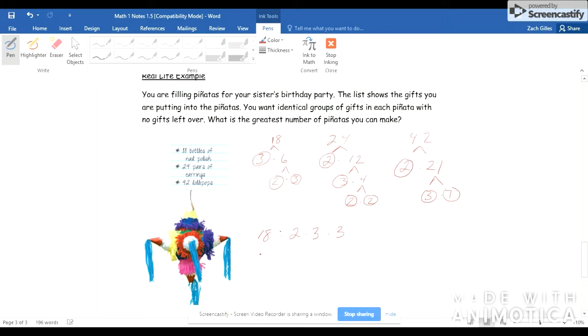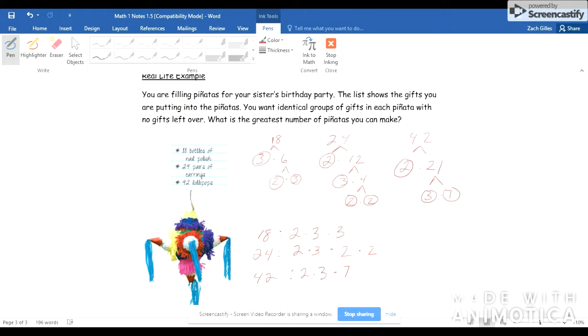My prime factorization for 24 is 2 times, a little messy here, 3 times 2 times 2. And my prime factorization of 42 was 2 times 3 times 7.